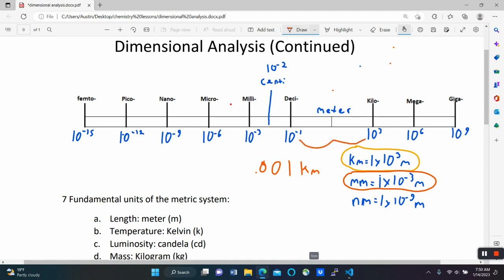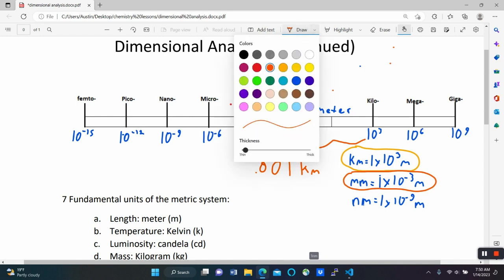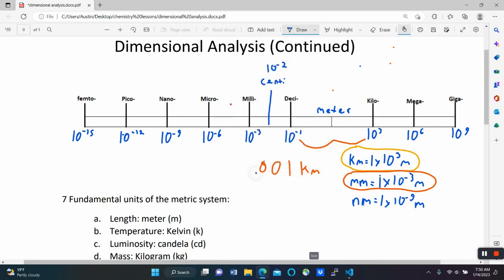So if we're going from kilometers to decimeters, we're essentially moving our decimal point 4 spaces to the right. So what is that going to give us? 10 decimeters.